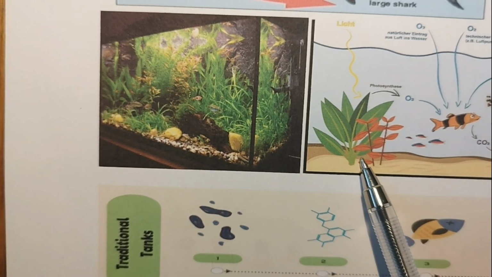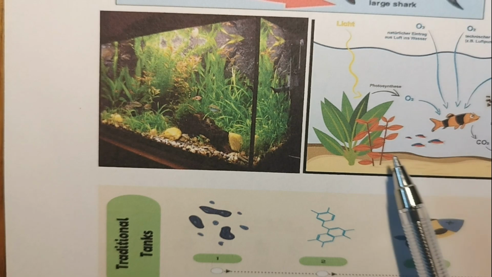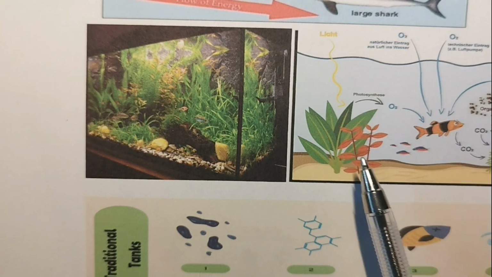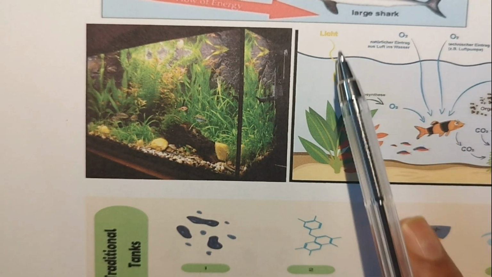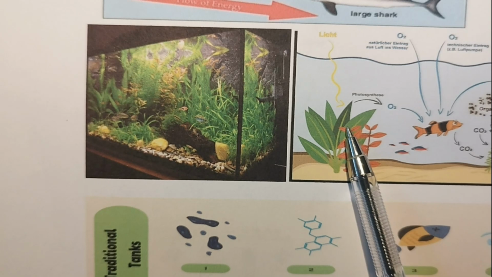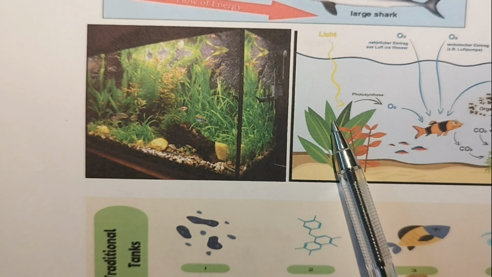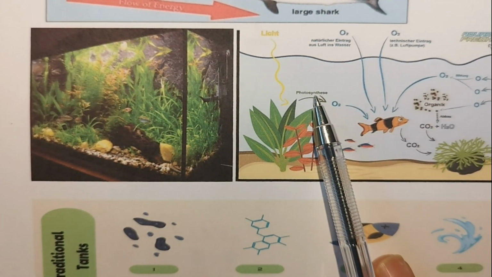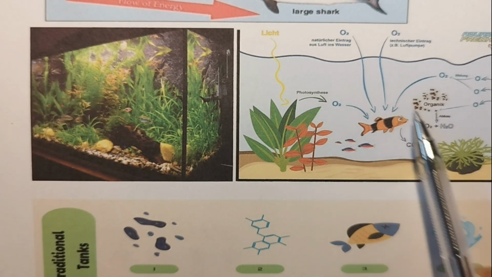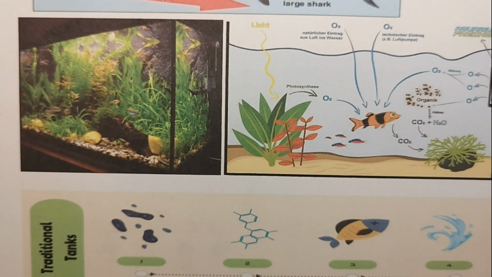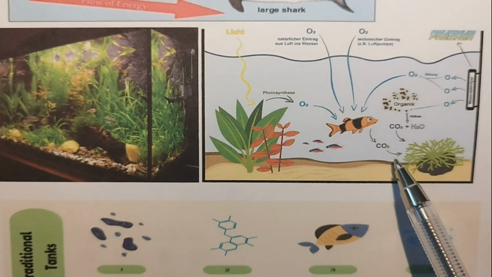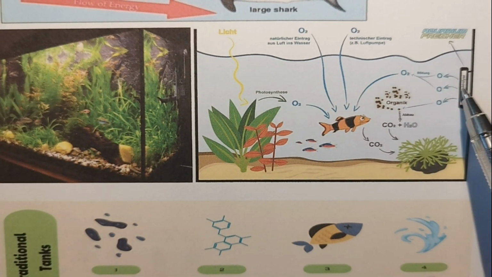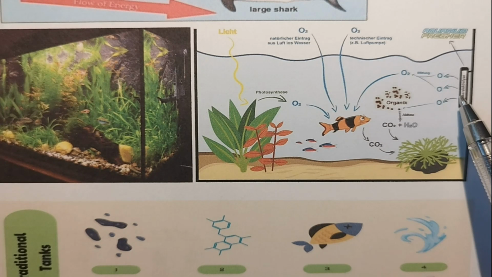You can put artificial plants or actual aquatic plants and let them generate energy, food, using a light source, that is sunlight, through photosynthesis. That food can be eaten by the fish, and the carbon dioxide released by the fish can be consumed by the plants to generate more oxygen, so you will need less oxygen support from the aerator.